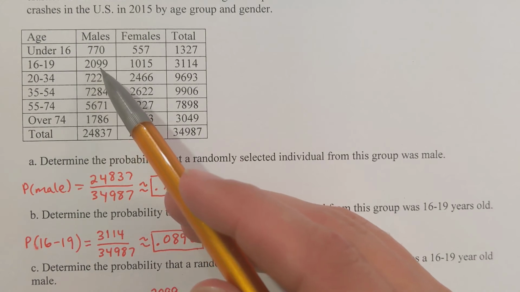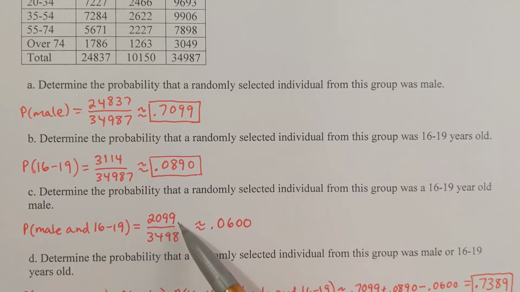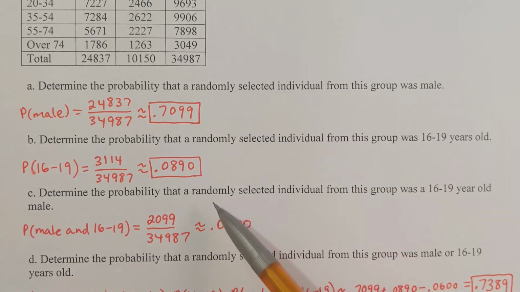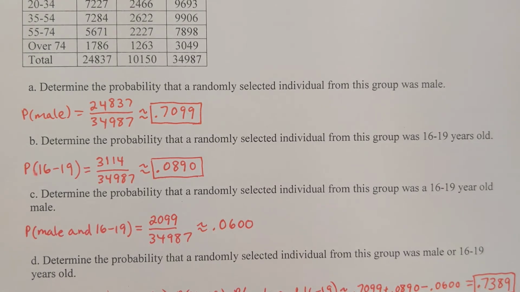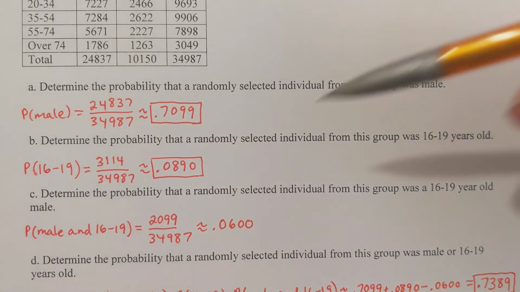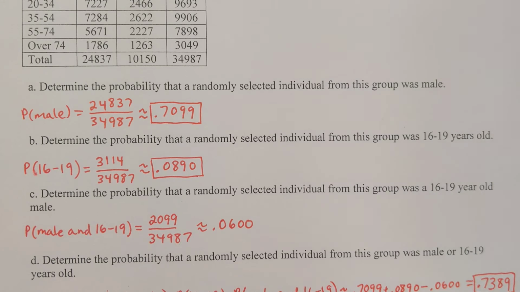There's 2,099 of those people, out of the 34,987 total, and 0.0600 roughly, or a 6% chance, would be roughly what I get as the probability of selecting a person that is a male and 16 to 19 years old.